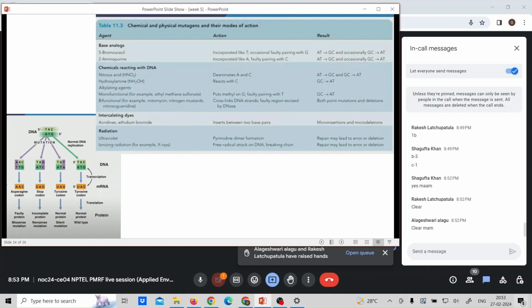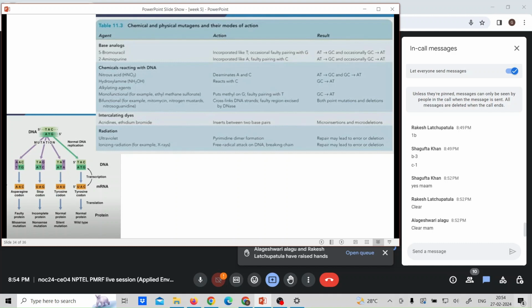They are going to insert between two base pairs. You have a long DNA strand with a stacked arrangement, right? In between two base pairs, this intercalating agent is going to bind and cause insertion or deletion there.